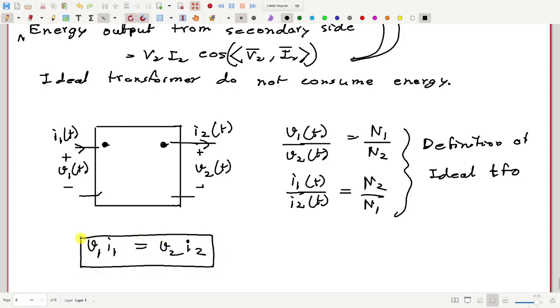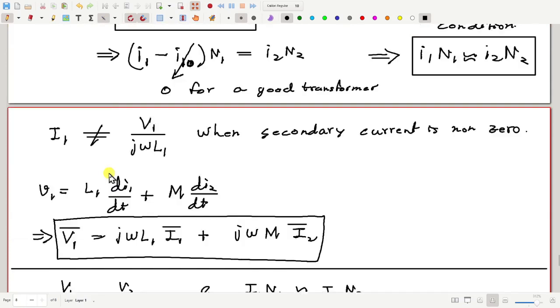So it is not possible for an ideal transformer to store some energy for some time and then release it. Ideal transformers do not even do that. But anyway, that is practically not possible.